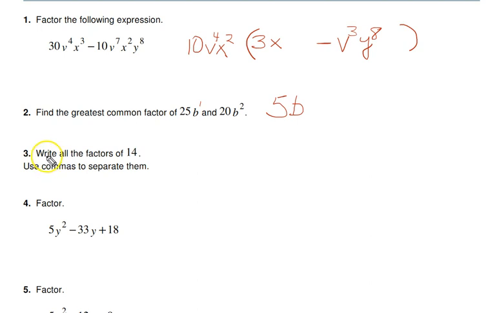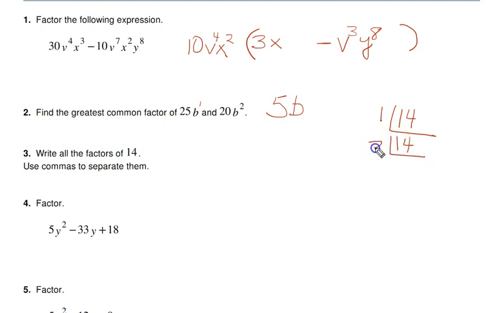Now, here we want to write all the factors of 14. So I maybe suggested you do the factoring tree. And let's see what we get here. Well, we can take a 1 out of there, and that would be a 14 still.